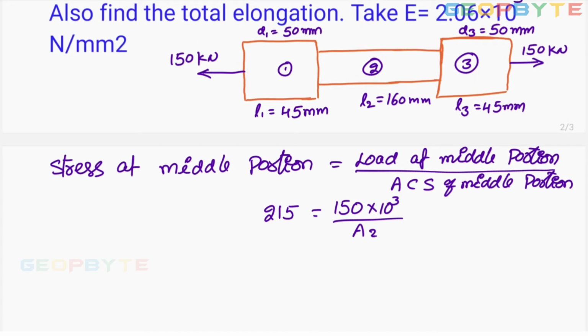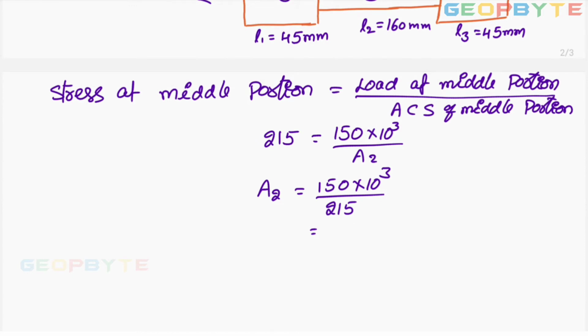Now the area at the middle portion equals 150 into 10 raised to 3 divided by 215. Simplify this value for getting the area at the middle portion as 697.67 mm square.